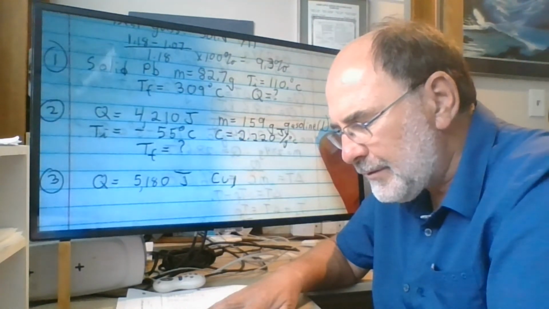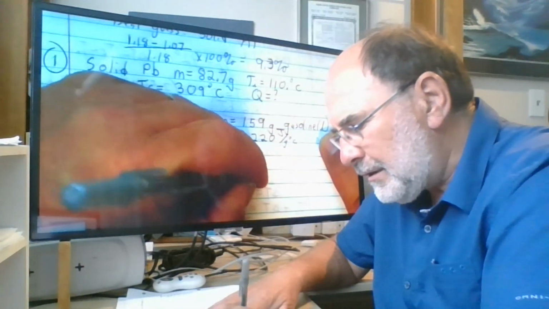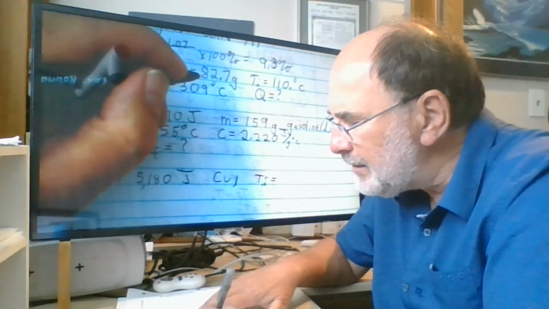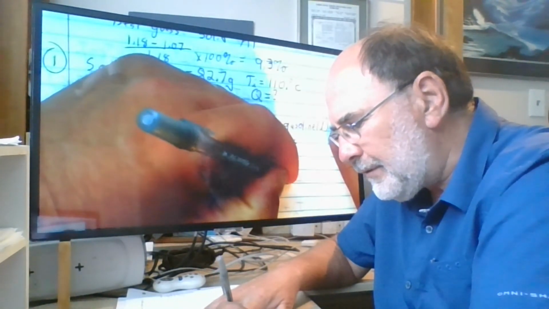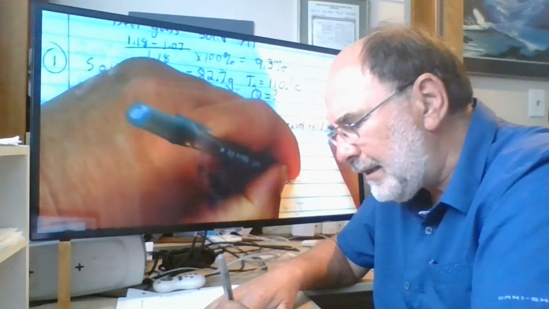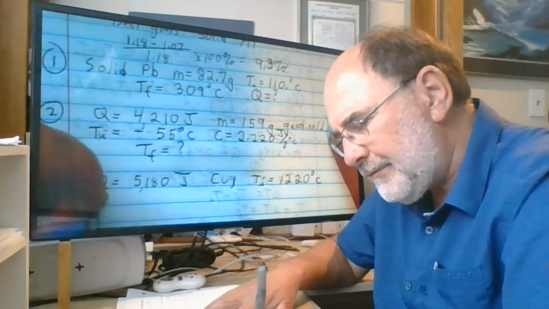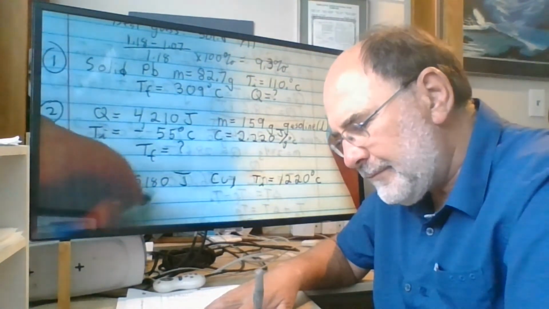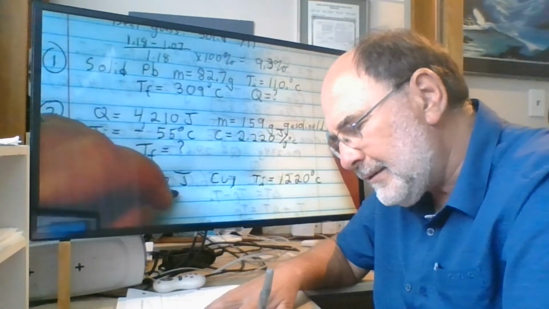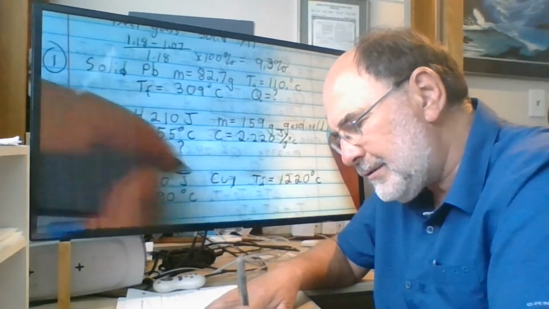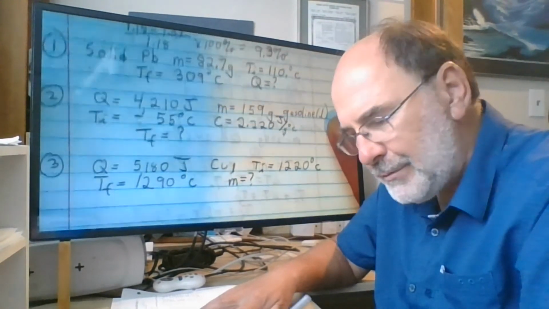Mass, right? Okay. I have an initial temperature, and since this is a liquid state, it's going to have to be above 1,000 degrees. So let's call it 1,220 degrees Celsius. And it has a final temperature of 1,290 degrees Celsius. So how much mass is involved with that liquid copper?